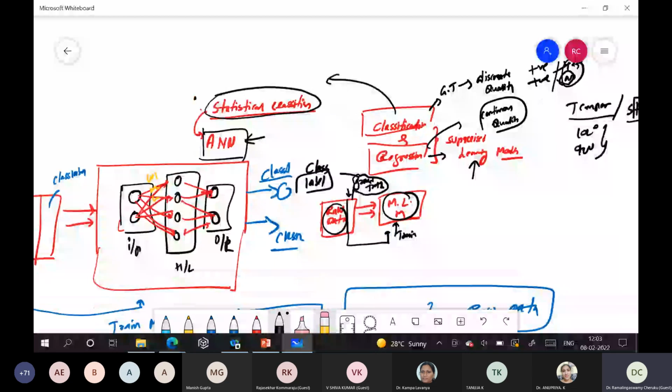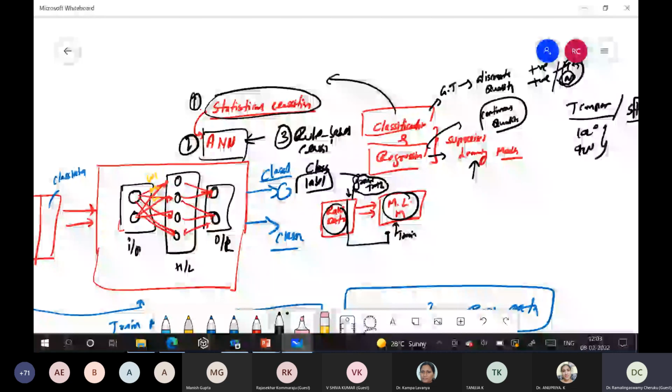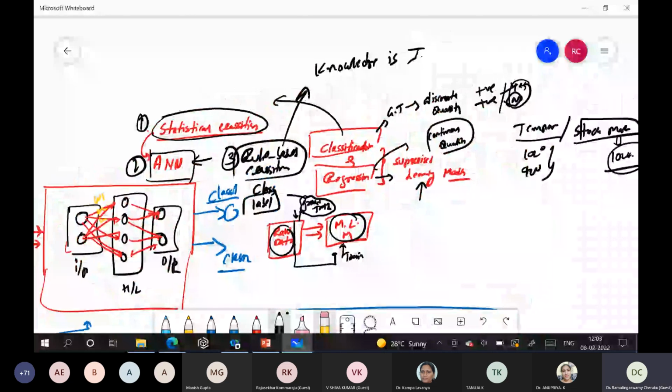After statistics, then ANNs, we started using rule-based classifiers. That was the idea behind why people prefer rule-based classifiers: in rule-based classifiers the knowledge is interpretable.